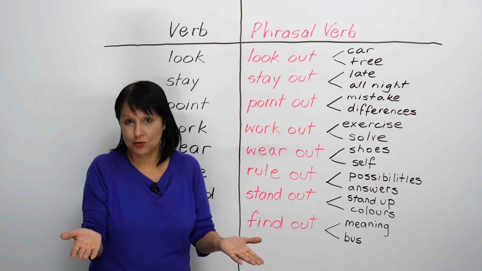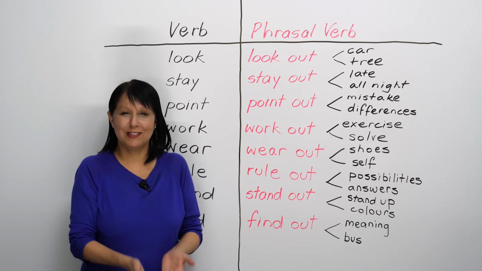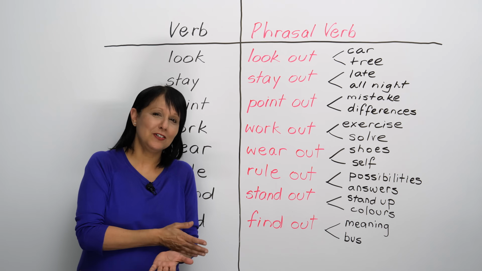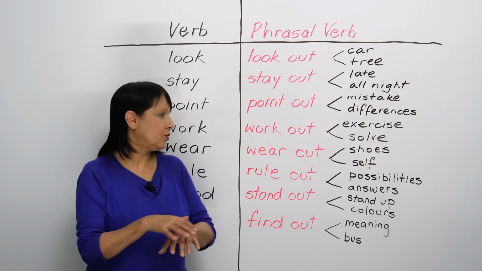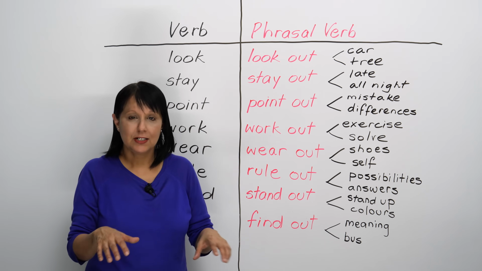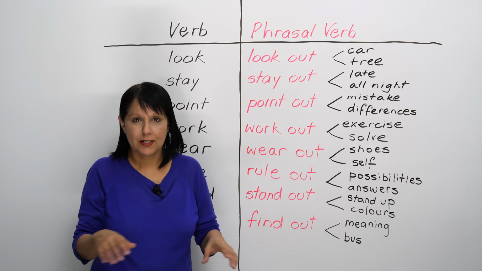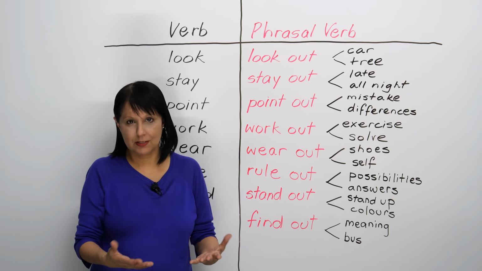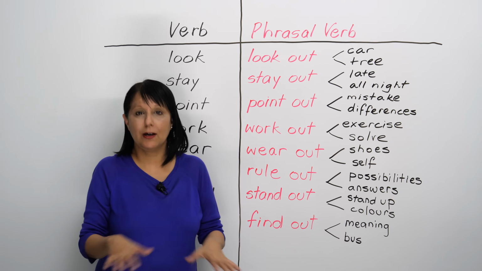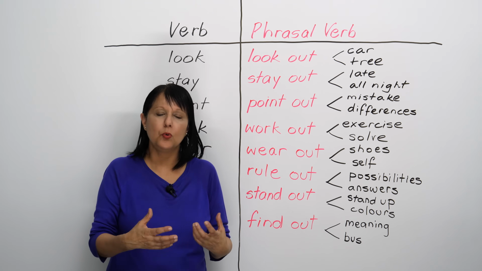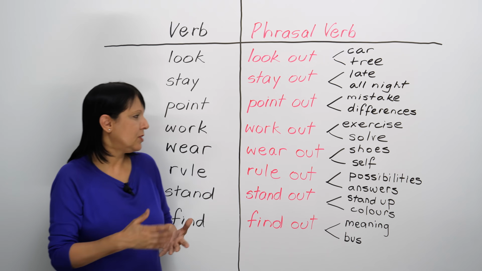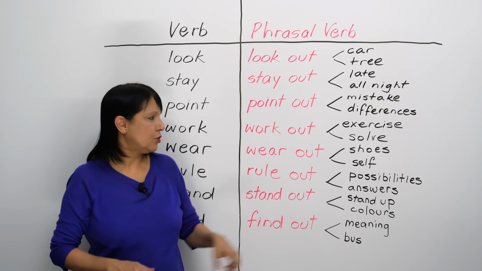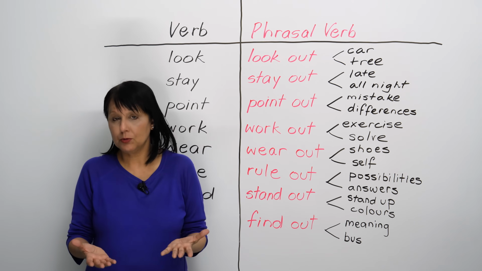But what happens after a while? If I keep wearing those shoes for a few years, they're going to be worn out. So when something is worn out, you can't use it anymore. It's no longer usable. It's no longer effective. It's worn out. It's old. It's maybe torn or whatever, okay? You can't use it. It's not usable anymore. So your shoes can get worn out, okay?